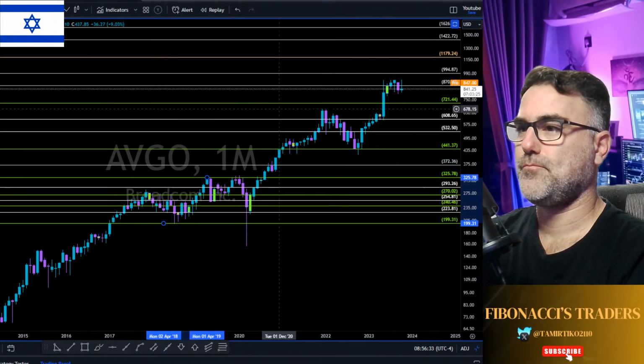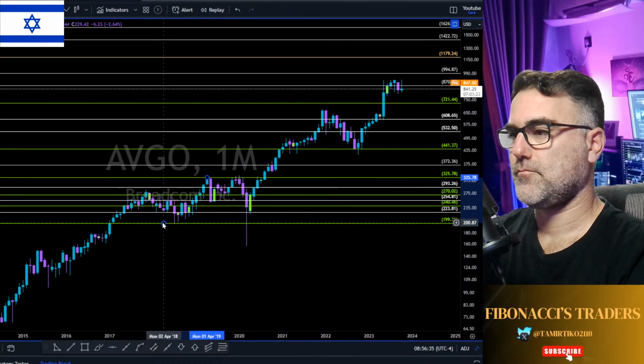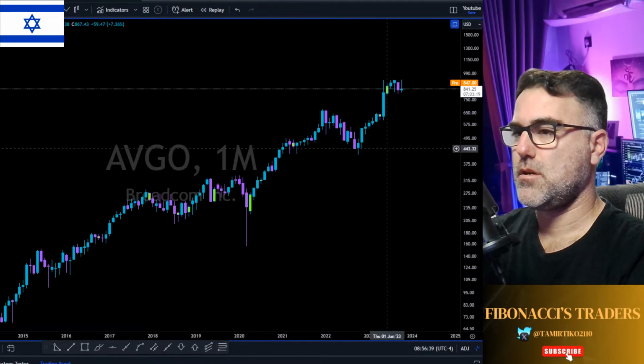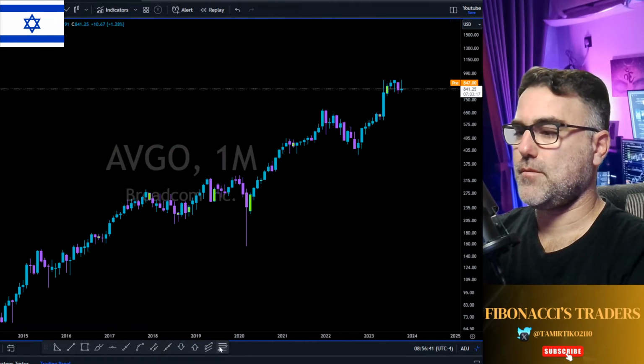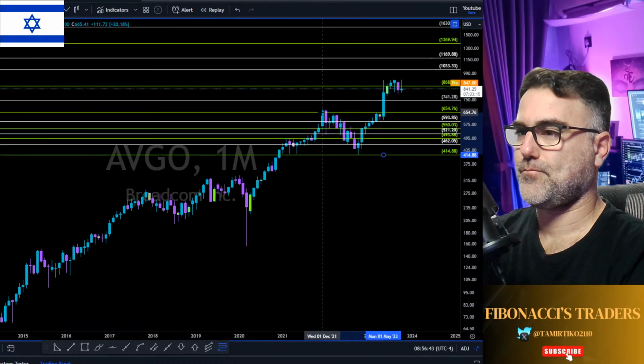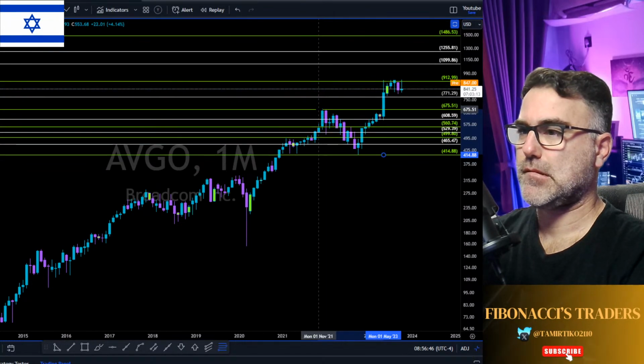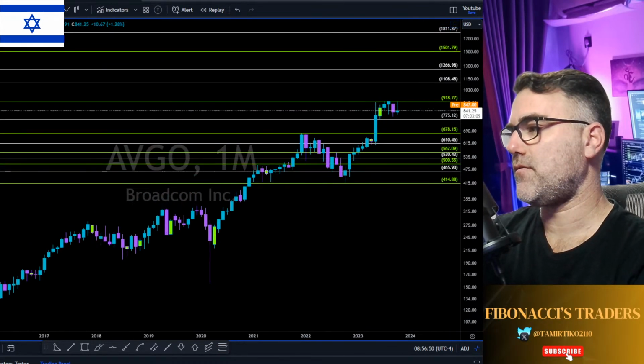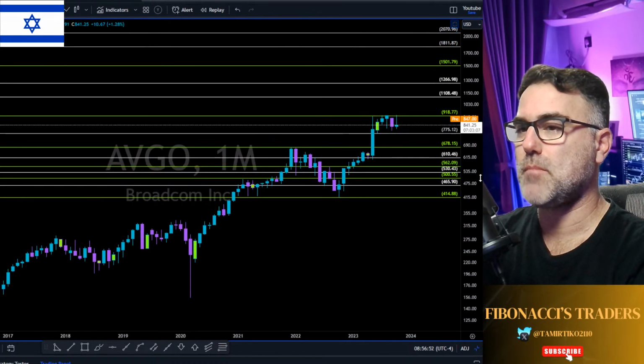Do you see how price works? You can take also here. Swing low, swing high. You see how price works? I can be more accurate if I use the magnet. I don't like to use the magnet.